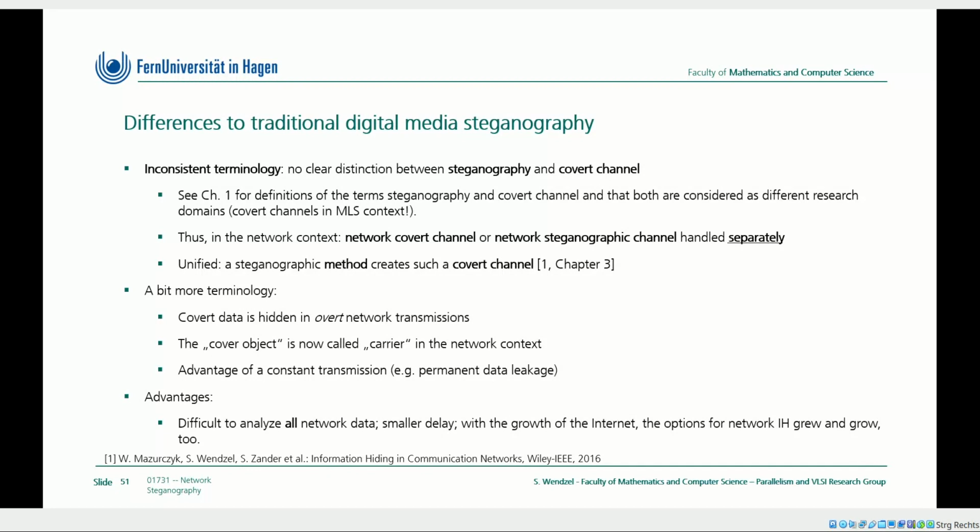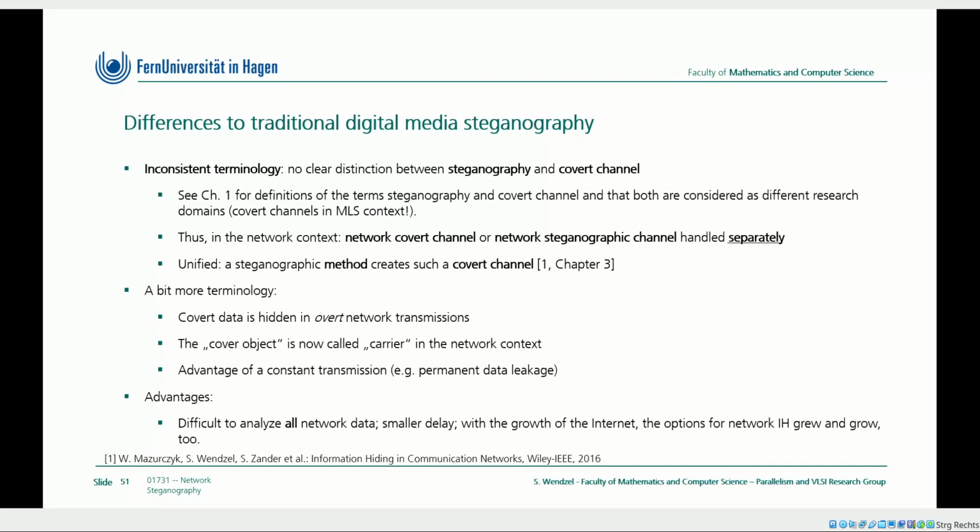It was both focusing on hiding the existence of a transmission. For this reason, network covert channel and network steganographic channel mean actually the same, but were handled separately, and that inconsistent terminology led to some scientific reinventions, because some method proposed for a network covert channel might be also proposed for network steganographic channels, but actually it's the same thing.